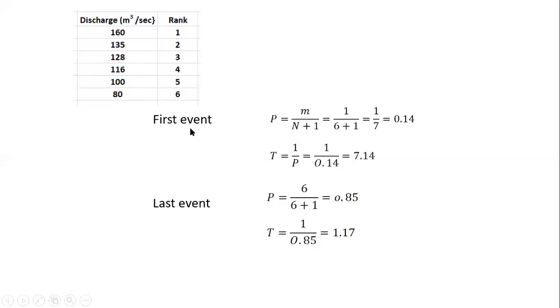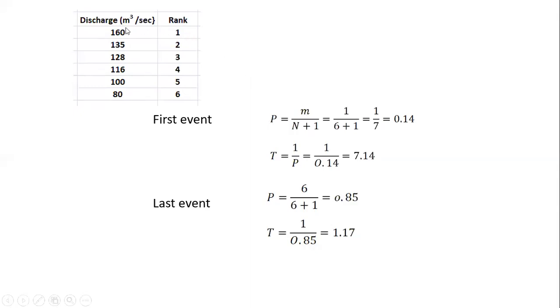So here, if you want to find the probability of occurrence of a flood of 160 meter cube per second, when it will occur, or what its probability of occurrence and its return period will be, then for the first event, that is 160 meter cube per second, P is equal to m by n plus 1.